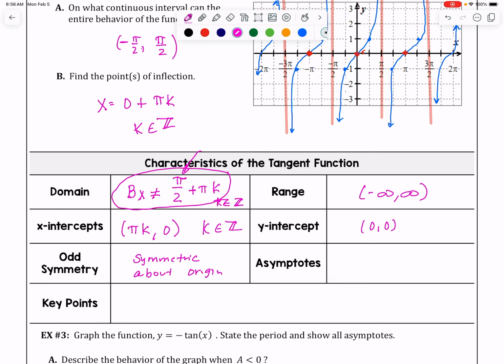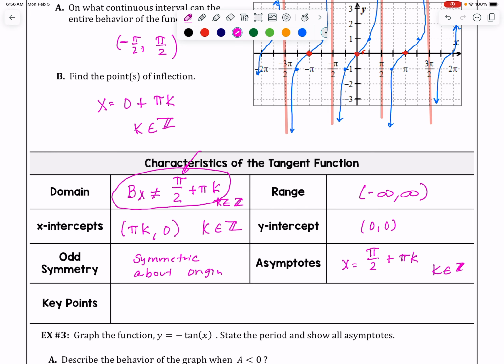And the asymptotes are at pi over 2 plus pi k, where k is an integer. So every pi over 2, we have an asymptote, and at pi over 2 plus every pi.